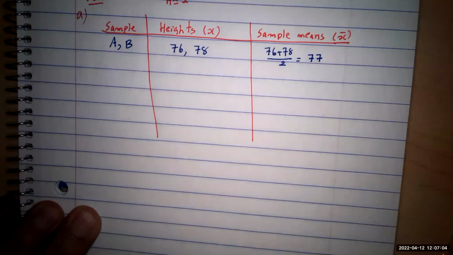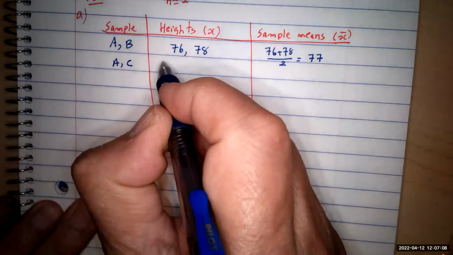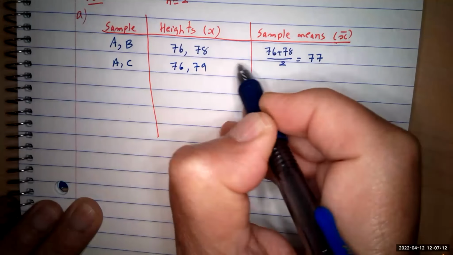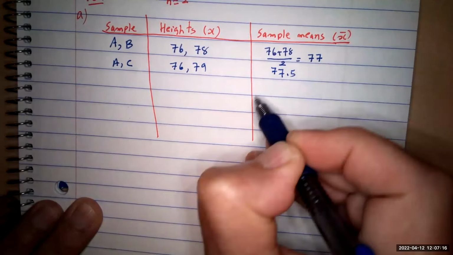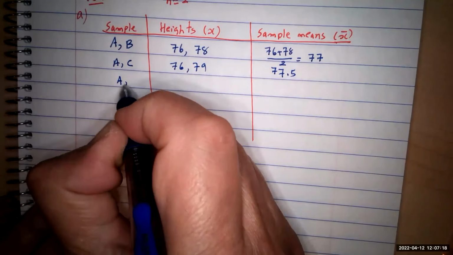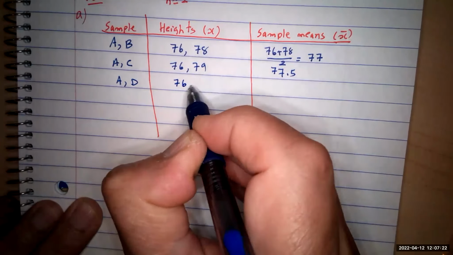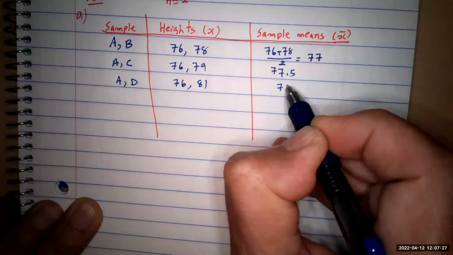Continue, get all choices. A and C: the numbers are 76 and 79, and the mean is 77.5. Then A and D: 76, 81, so the sample mean gives you 78.5.